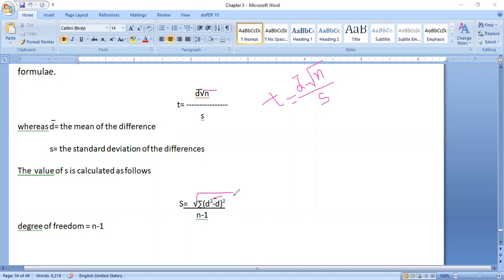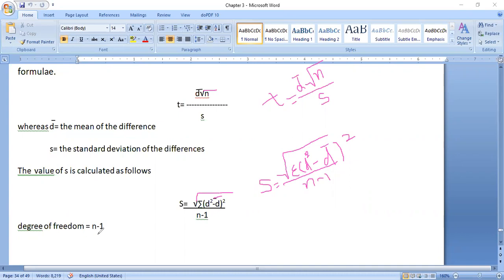I am writing the principle once again: S is equal to the square root of sigma d squared minus d bar whole squared, divided by n minus 1. This is the principle.